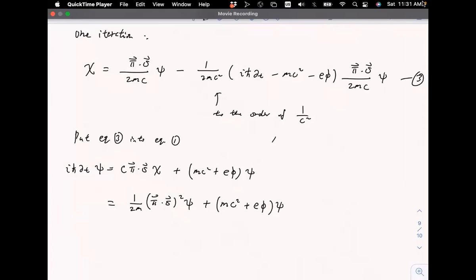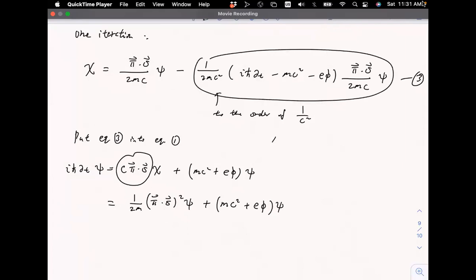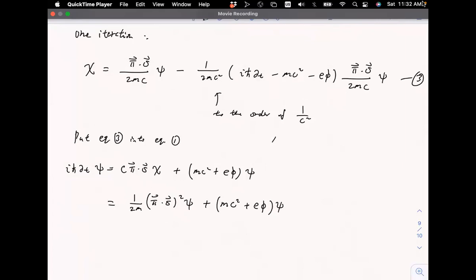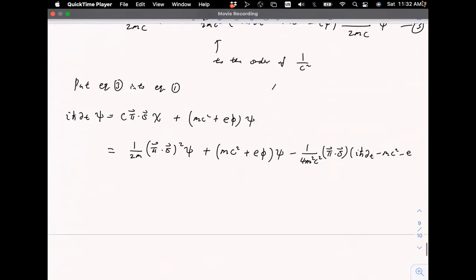So you're going to have this thing combined with this. You have a MC here, and 2MC squared here. And you have a C here. So eventually, you will get 4M squared C squared I, and then you have I H bar T minus MC minus, yeah, sorry.